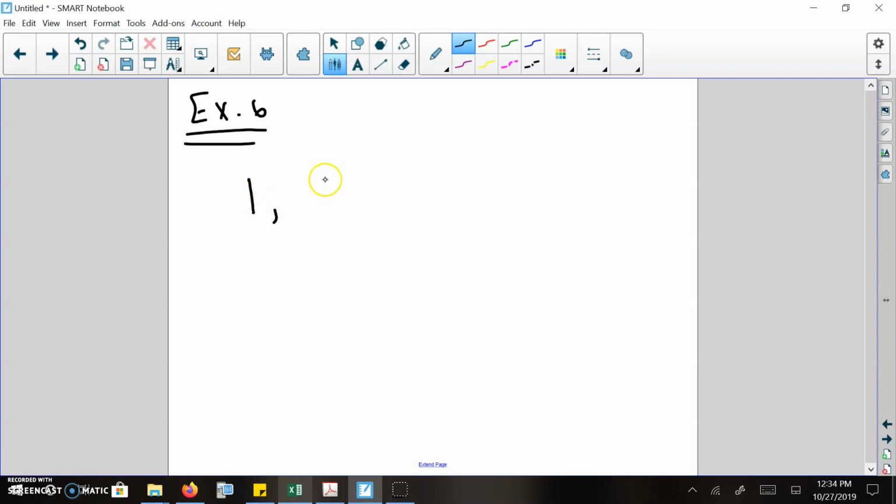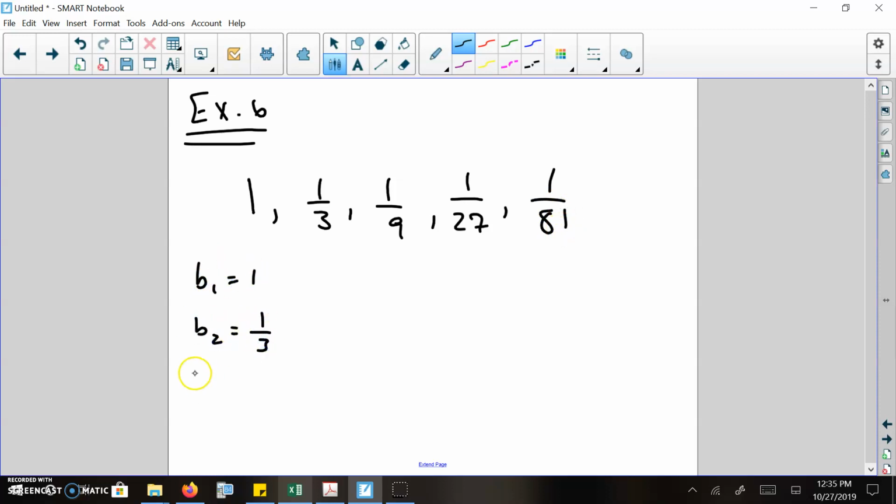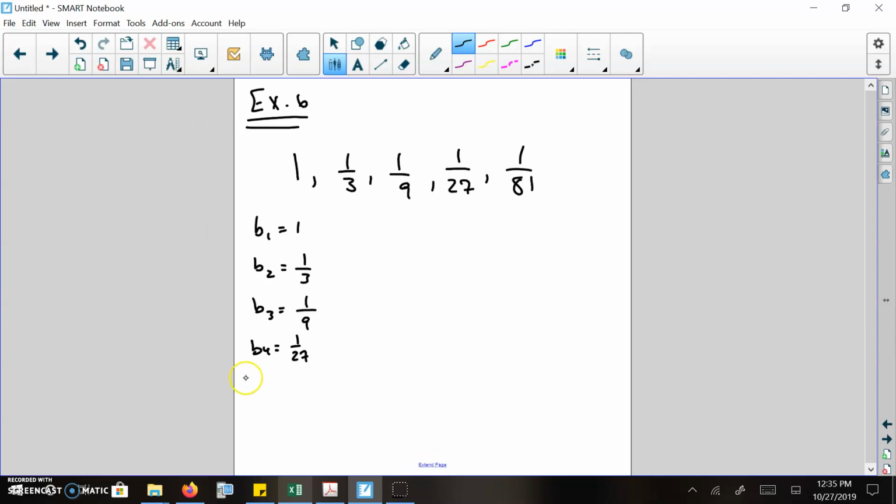So here are our terms: 1, 1/3, 1/9, 1/27, and 1/81. Okay, and again, I recommend that you do this. Because what we are really looking for is, is there a relationship between the subscript and the actual term in the sequence.